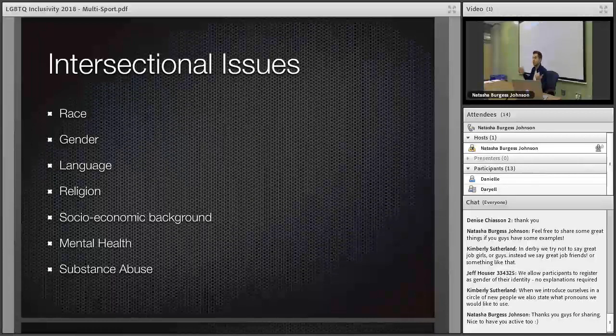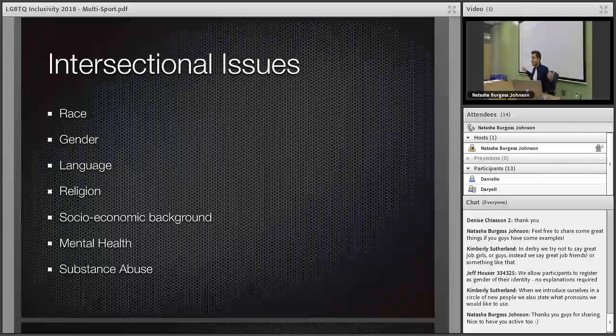But if we can switch our brain to somebody who is Southeast Asian, like Indian subcontinent, male to female transgender, so they were born a man and are transitioning to be a female. They don't speak English as a first language. Maybe they're Muslim, maybe they're from a lower socioeconomic background, maybe they have bipolar disorder and an addiction to painkillers.